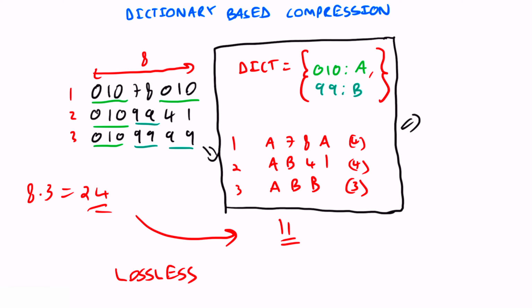You would see this data here and ask, what does A correspond to? Well, A corresponds to 0, 1, 0. So you would write 0, 1, 0, and then 7, 8, 0, 1, 0. And you would do the same for rows 2 and 3 using your image and your dictionary.